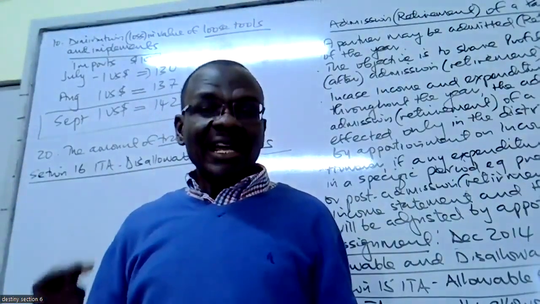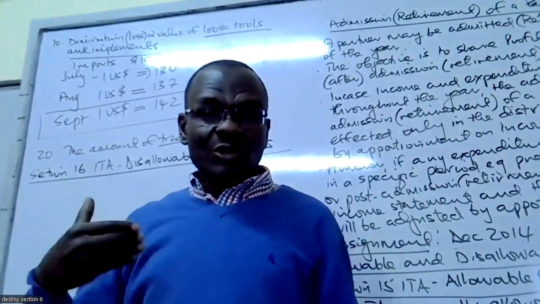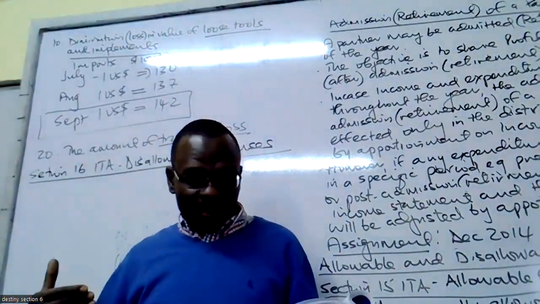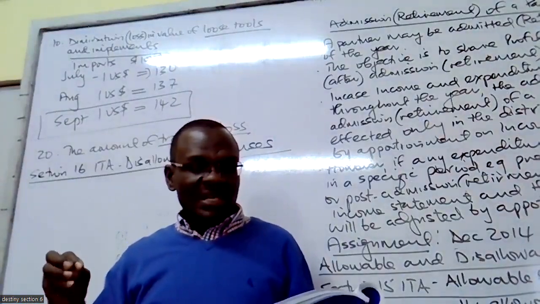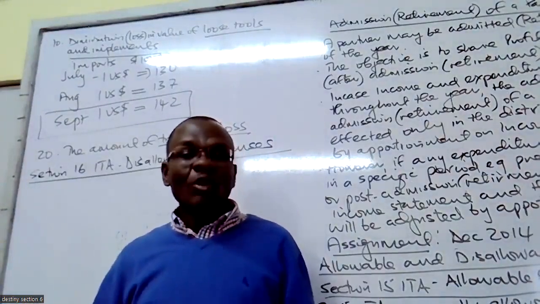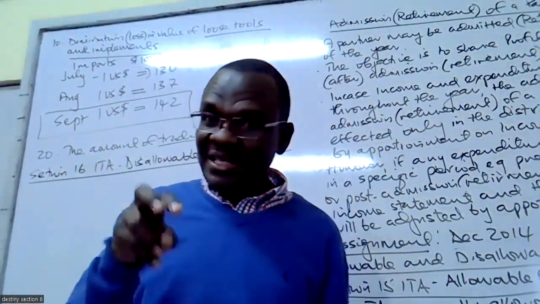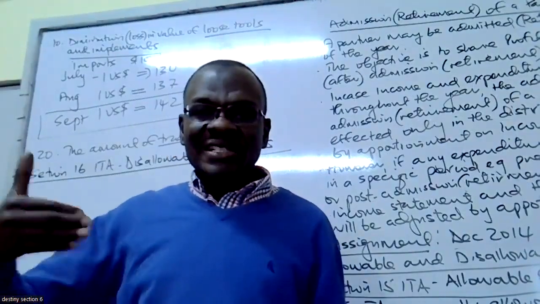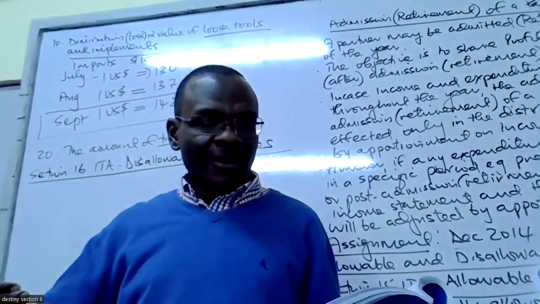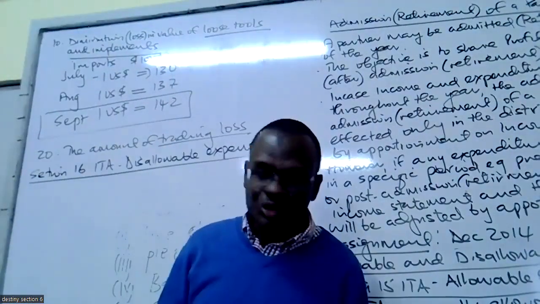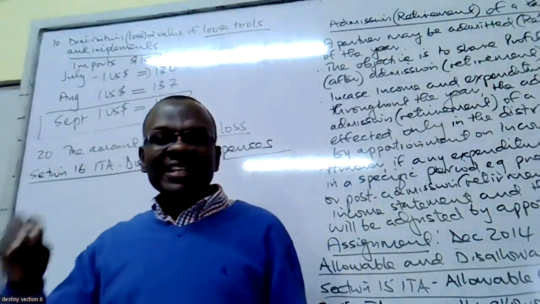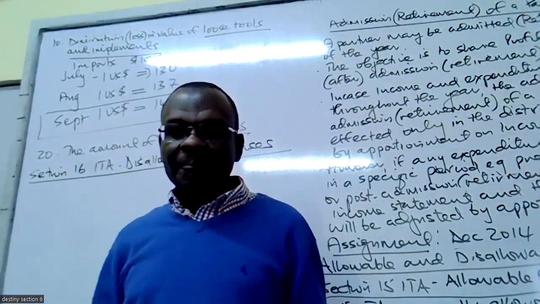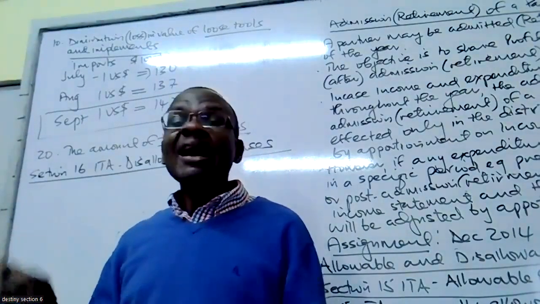Number three, any amount of personal expenditure. If you incur an expense of a personal nature by an individual to maintain himself or his family, a domestic or private expense, like personal entertainment expenses, school fees for children, personal traveling expenses, or personal medical expenses for an individual paid for by the company, it will be disallowed.